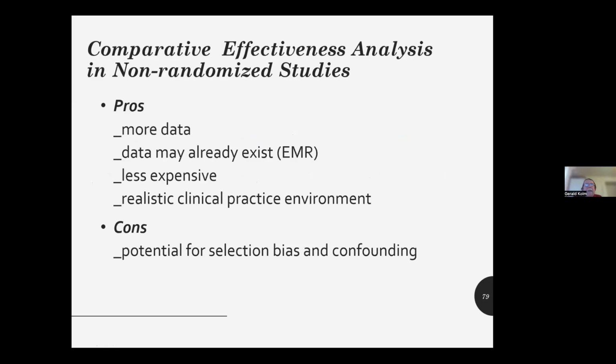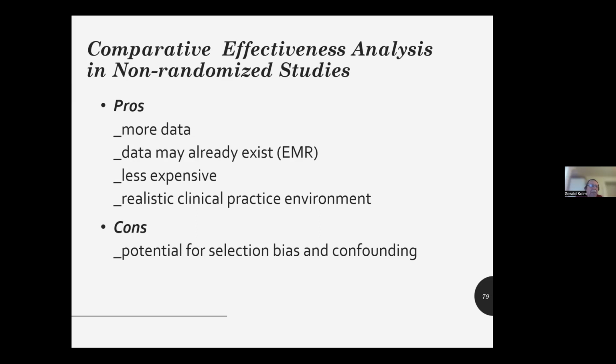And then I want to talk a little bit about non-randomized studies and comparative effectiveness analyses. In other words, comparing different, say, treatment groups. The pros of doing non-randomized studies are that you actually get more data.